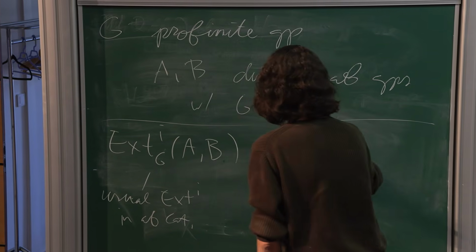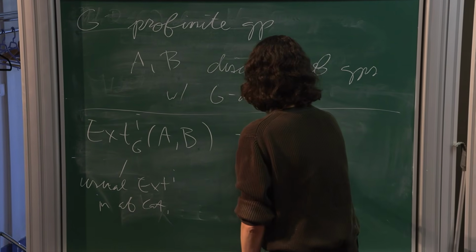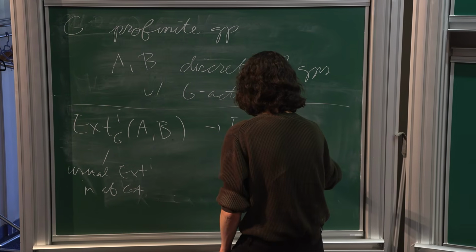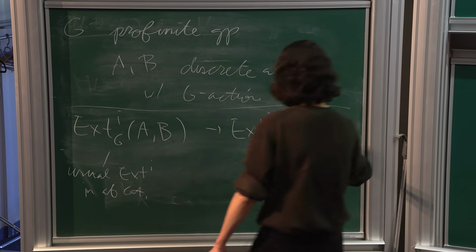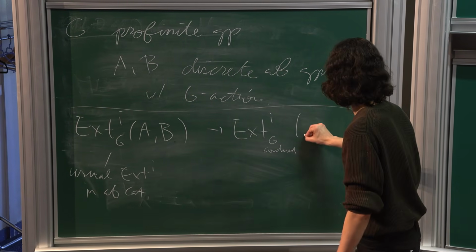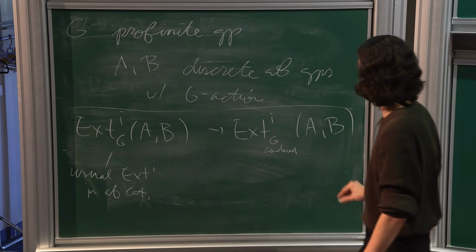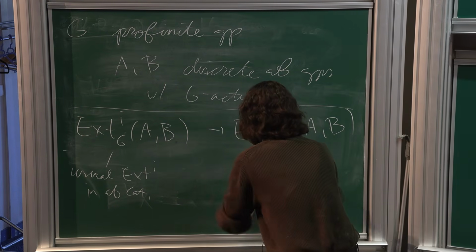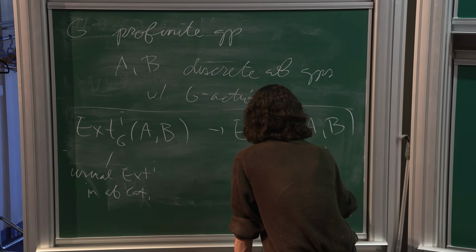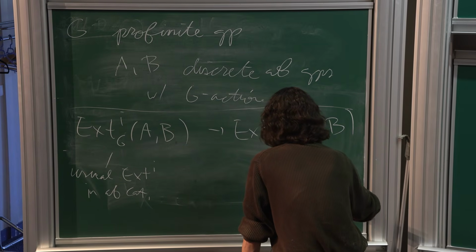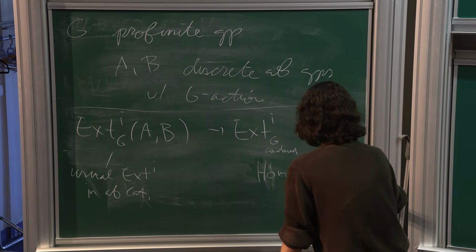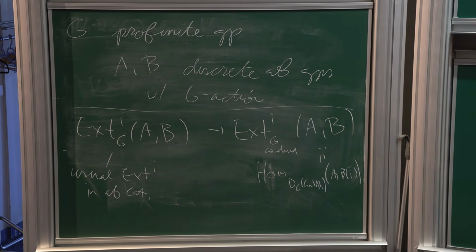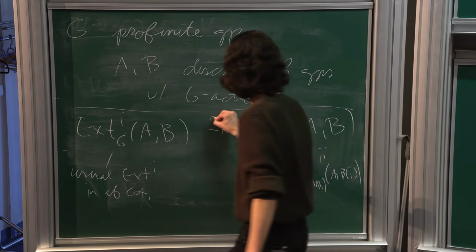But on the other hand, you have the Ext^i in the condensed sense from A to B. So this is just Homs in this D(G-cond-Ab) from A to B shifted by i. And there's a natural map and it's an isomorphism.